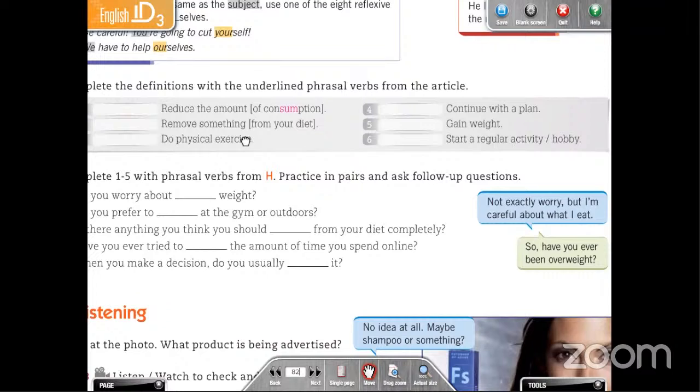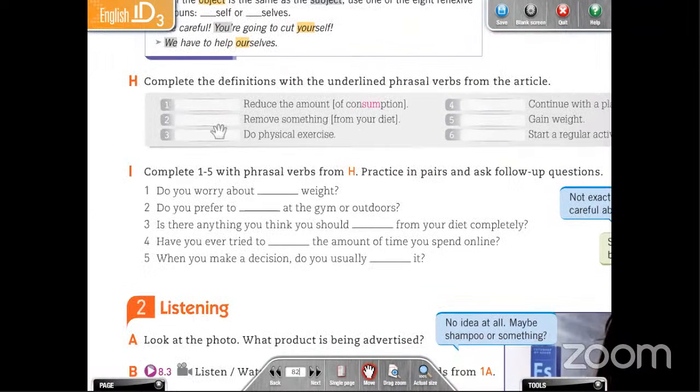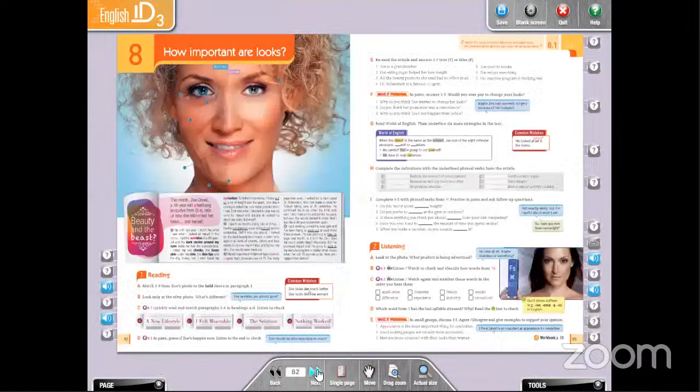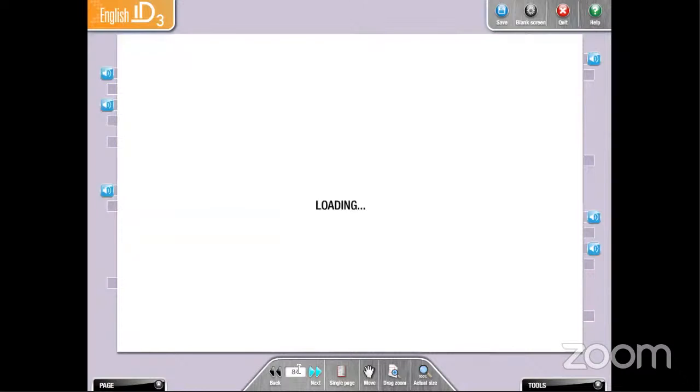For example, what is the phrasal verb that we can use for the first one, for the number one? What can we use? Cut down. Okay, cut down on, right? Okay, very good. Next. What could be next?